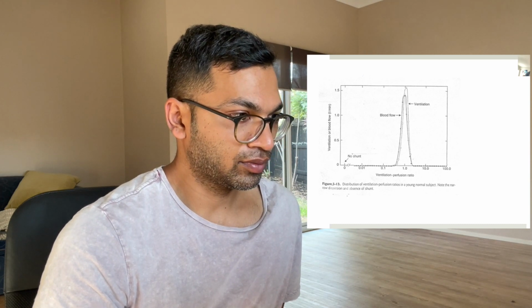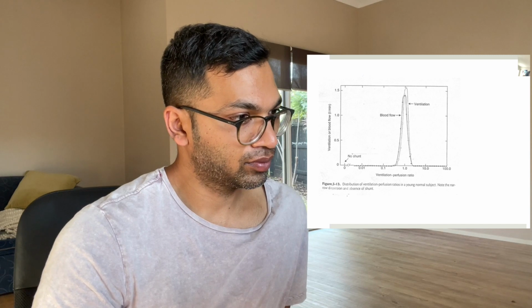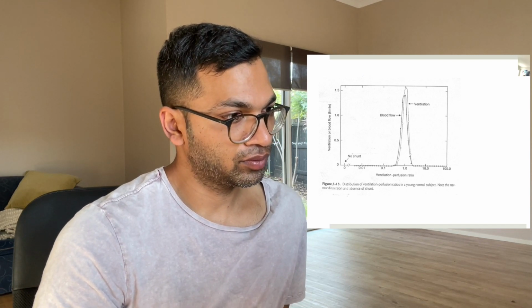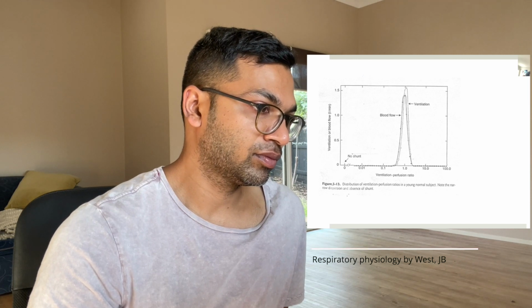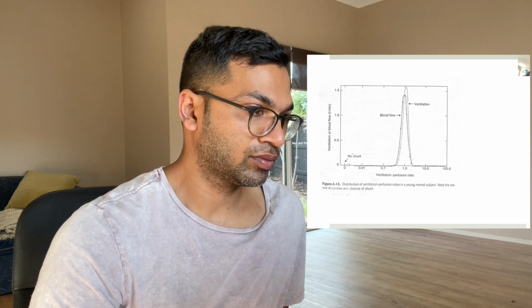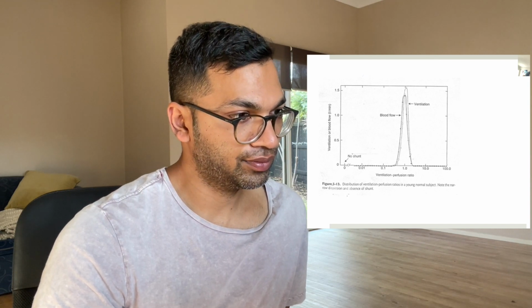And toward the left, there is a VQ ratio of 0, indicating shunt, and essentially the y-axis shows the amount of that, and on the right, the dead space.